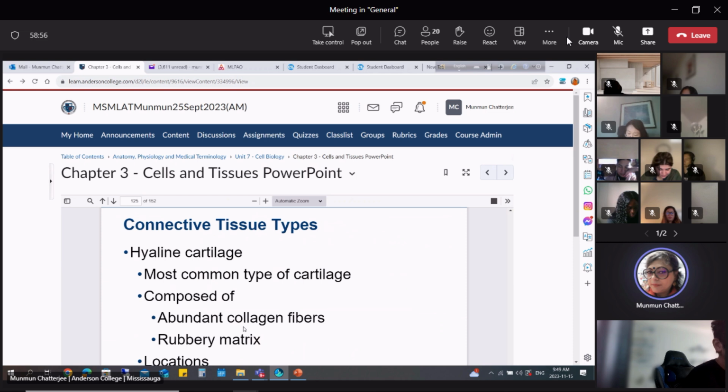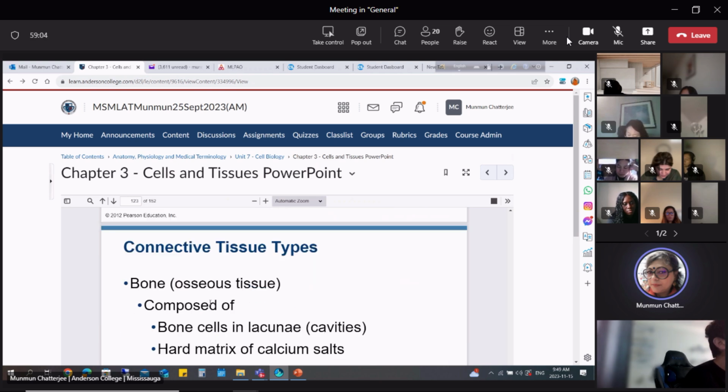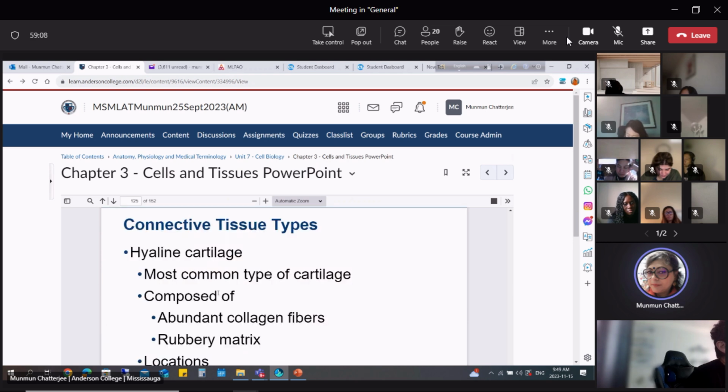Now, cartilage, a connective tissue type. We have one connective tissue, which we call bone or osseous tissue. We have another connective tissue called hyaline cartilage. This is the most common type of cartilage found in the human body. This is a question that may come, most of the time it comes.